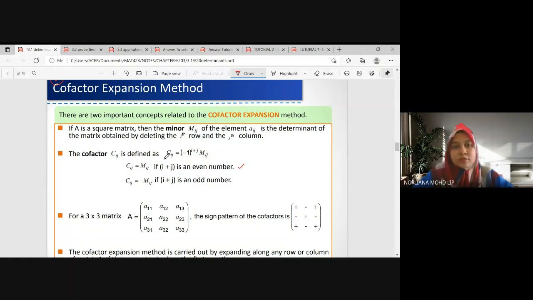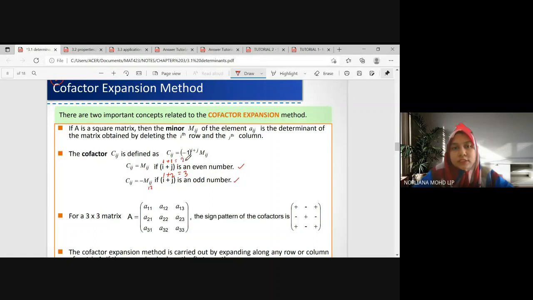For example, we have 1 plus 1, the minor M11, so the cofactor is the positive sign of a minor. If i plus j is an odd number, for example, we have the entry M12. So 1 plus 2 is equal to 3, and 3 is an odd number.